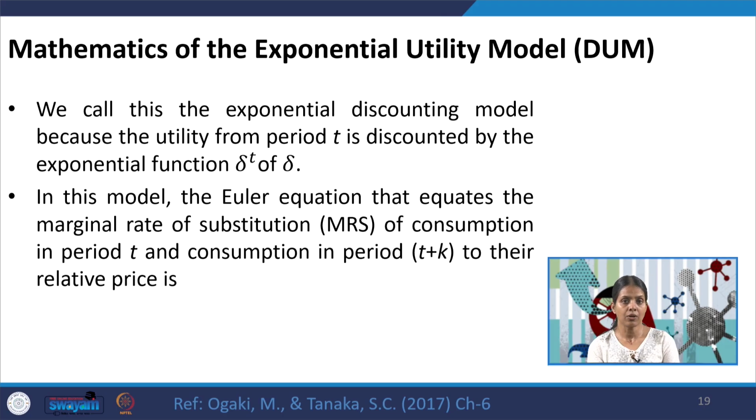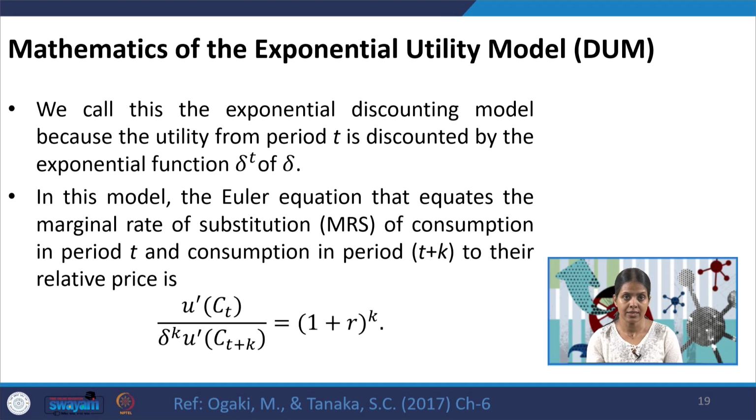In this model, the Euler equation that equates the marginal rate of substitution of consumption in period t and consumption in period t plus k to their relative price is simply 1 plus r raised to the power k. So, if you remember the Euler equation, initially we had it with just 2 periods. So, we had u prime c t in the numerator and delta u prime c t plus 1 in the denominator, that was set equal to 1 plus r.